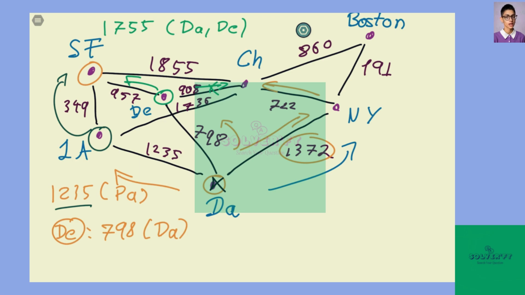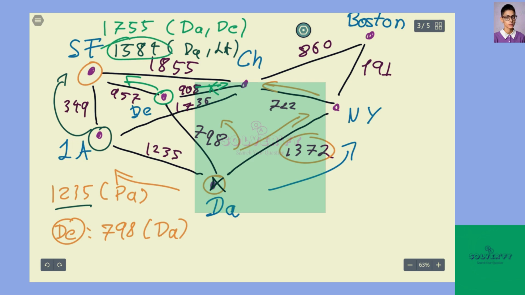So if we go from LA to San Francisco, it is 1,584, and the path is Dallas, LA, and clearly here the shortest corresponds to this one, so we're going to keep that.